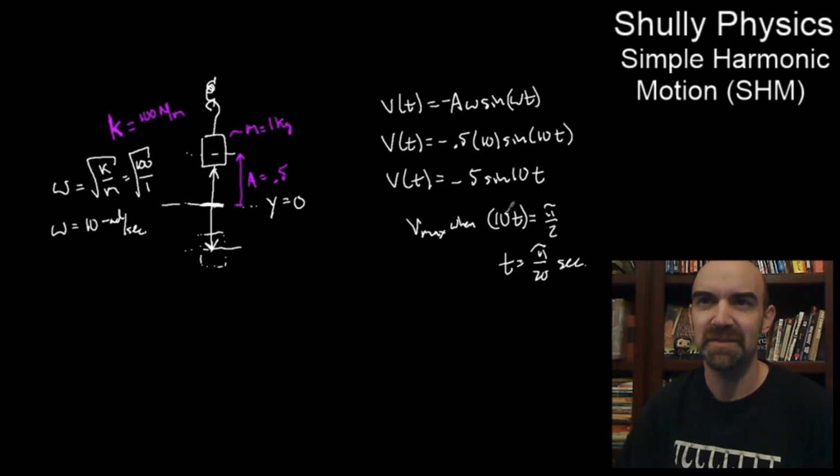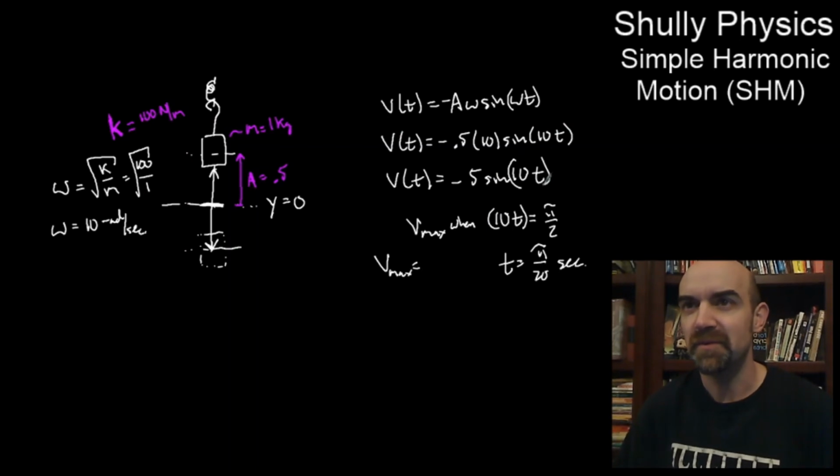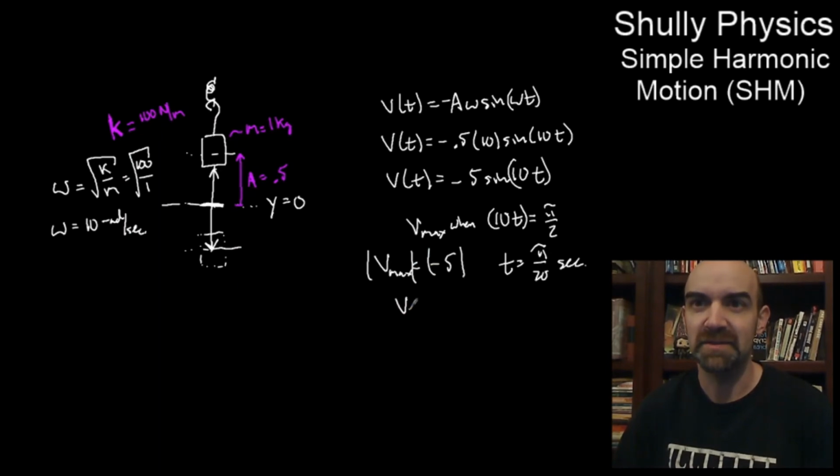When is the Vmax going to be? And what is it going to be? Well, sine of 90 degrees is equal to 1. If that's our Vmax, our maximum velocity is going to be -5. Or if we look at that, our Vmax, or maximum speed, is going to be 5 meters per second.